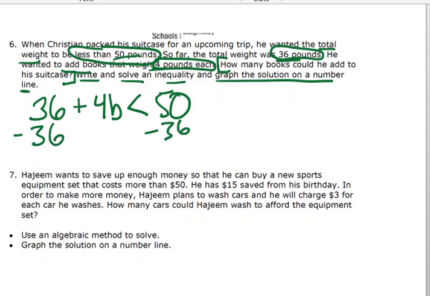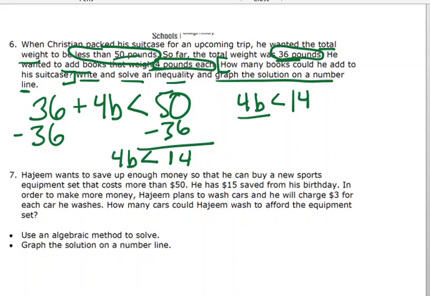So, I'm going to go ahead and subtract 36 from both sides. All right, and that gives me 14. So now I have 4B is less than 14. I'll write it over here so it's a little neater.